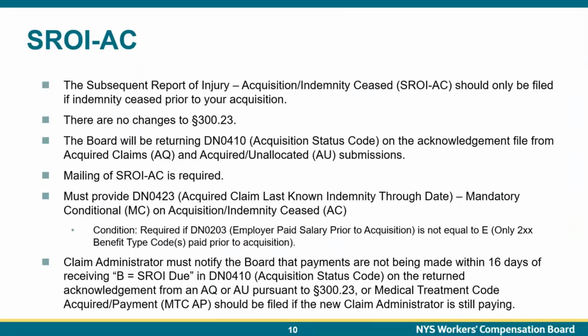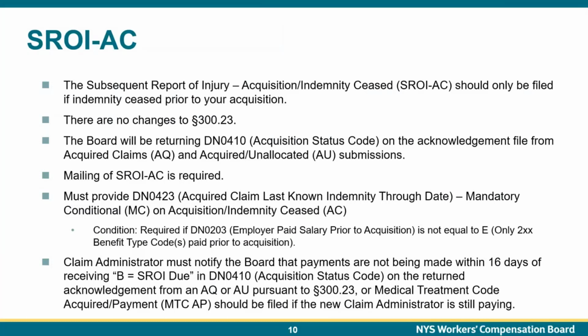The other new thing in 3.1 is that we actually return an acquisition status code, DN410, on the acknowledgement file. When you file that Schroy AQ or AU, we will return an acquisition status code if one is due. If you're using web data entry, we will return it on the little yellow acknowledgement screen. So it'll be there after you successfully submit the transaction.